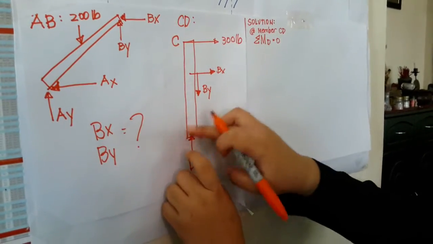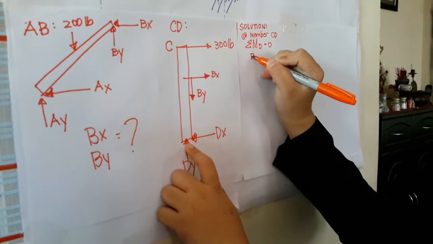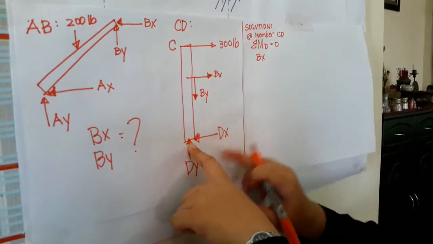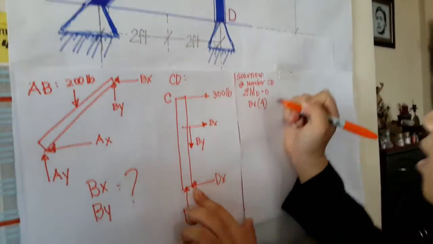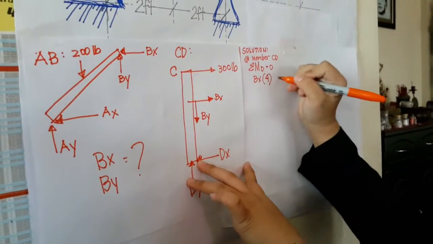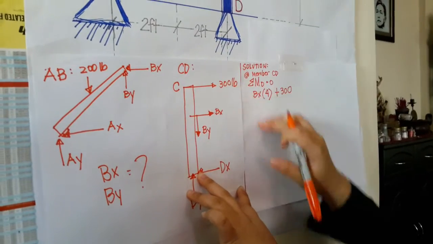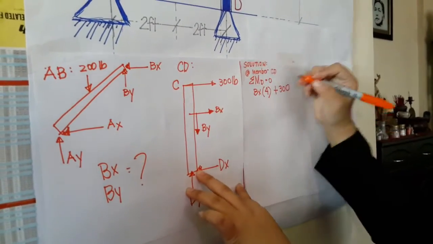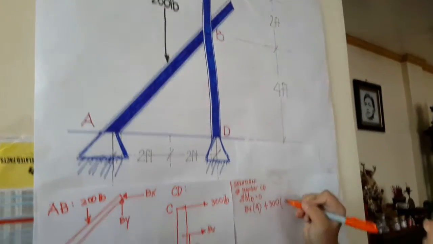For starters, we have Bx, positive because the rotation is clockwise, and the distance is 4 feet, and 300, positive again because of the clockwise direction, and the distance according to the figure is 6 feet.